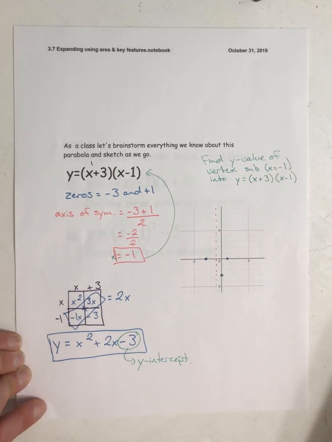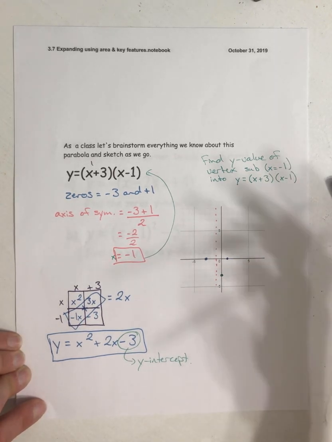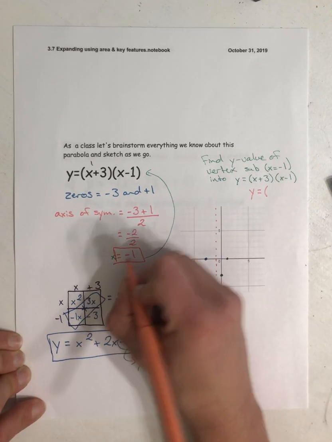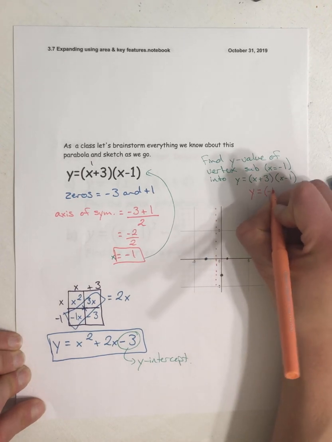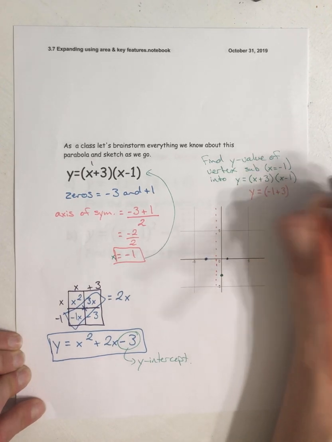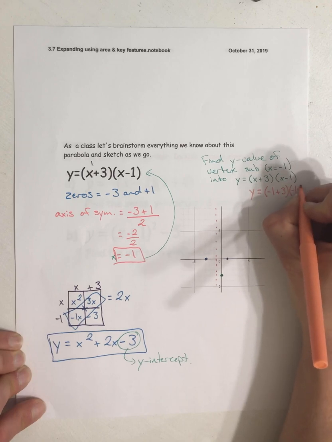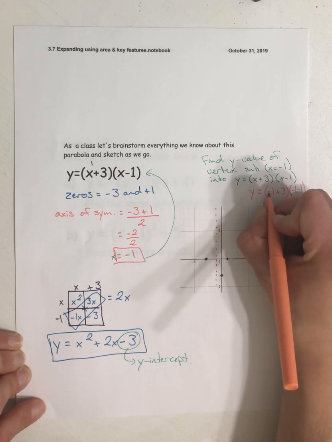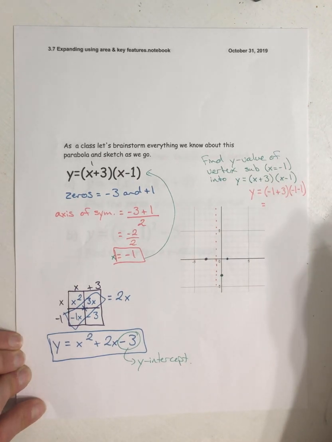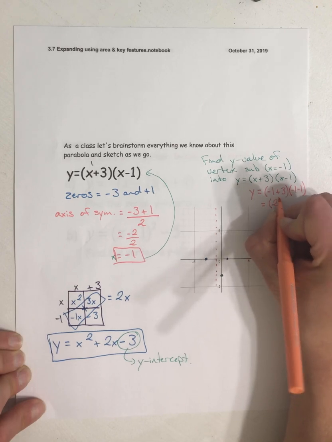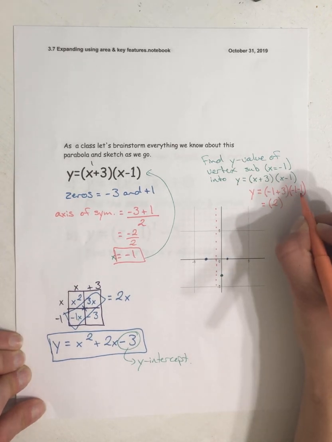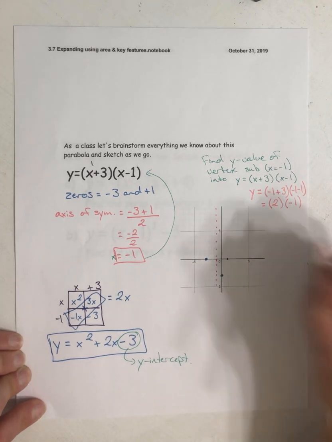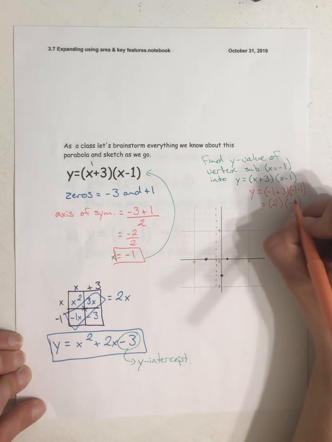So we're going to grab another color and we're going to go y equals, we're going to sub the -1 in for x, -1 plus 3 and -1 minus 1. And then we're going to get -1 plus 3, which is +2. And -1 minus 1 gives us -2, sorry, ignore me.